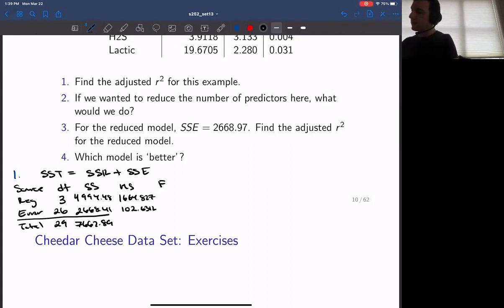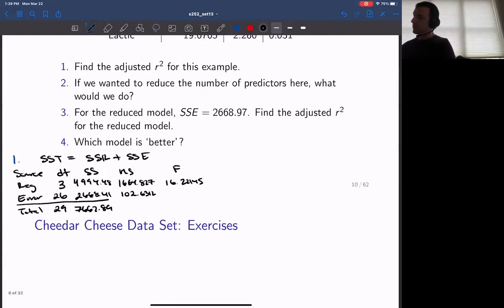And then we can also compute the F value. We'll come back to talk about this a little bit later, but that would be found just by taking the ratio of the two mean squares. And that gives us 16.22145.